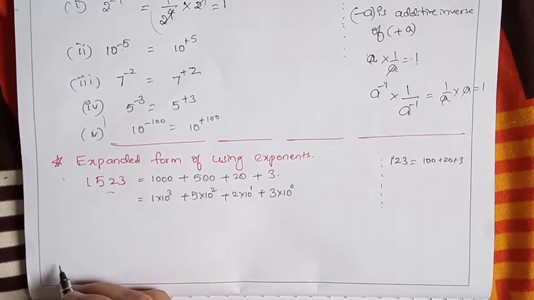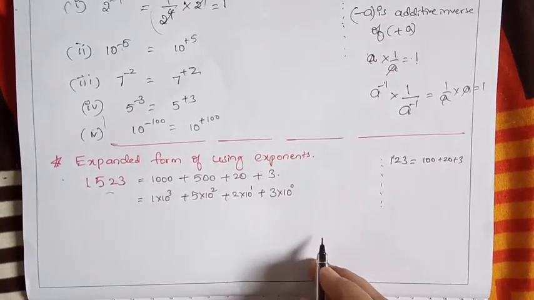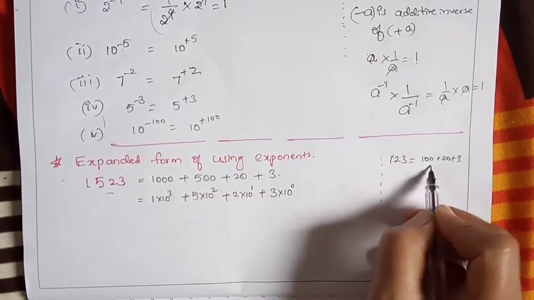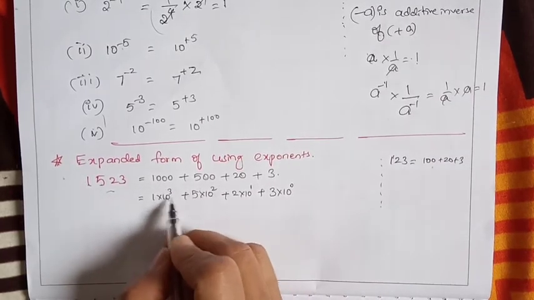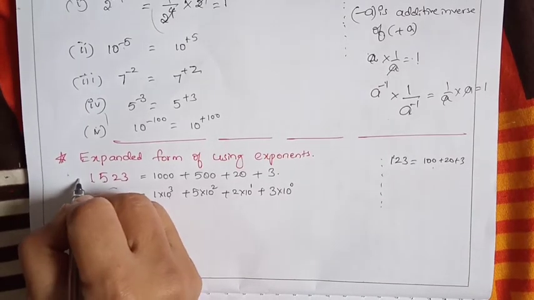Okay. In this way, we have to expand the decimal numbers also. Once again, the same expansion: first the normal usual method, then the exponential form. Okay, next one more example.